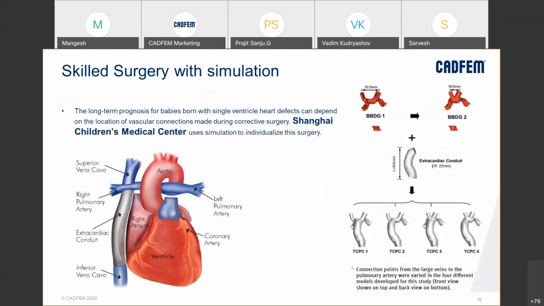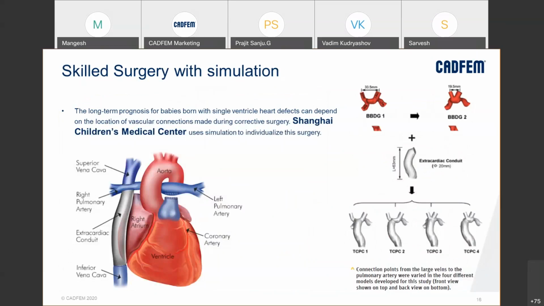So that was one type of study, where we are looking at modeling and trying to understand how it can be utilized effectively.